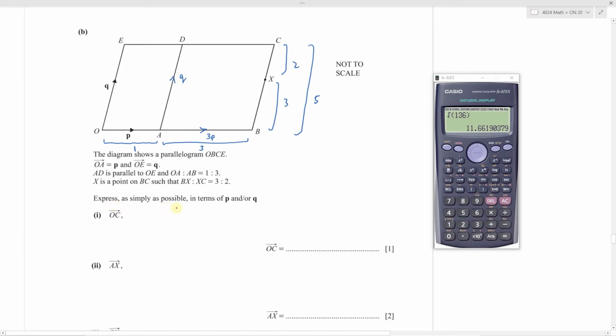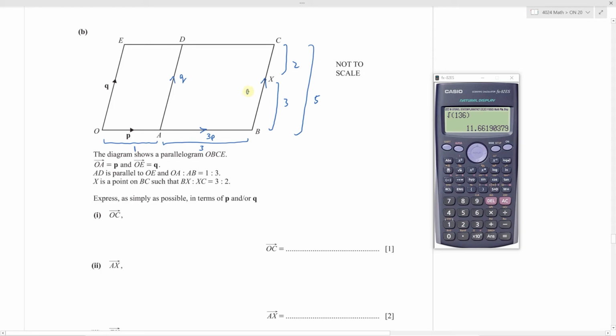Express as simply as possible in terms of P and or Q the vector OC. For this vector OC, I can use the head to tail rule. I can write this as OA plus AB plus BC. And since this is a parallelogram, OE is parallel to AD. This is Q, and this full vector BC will be Q as well.